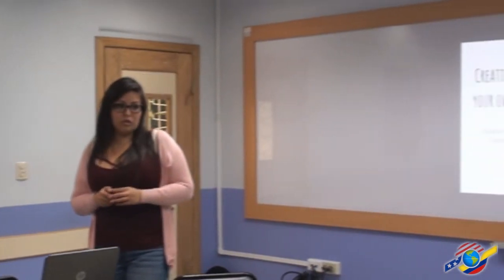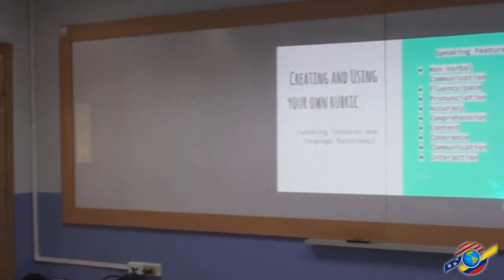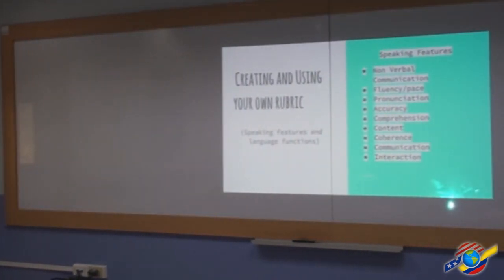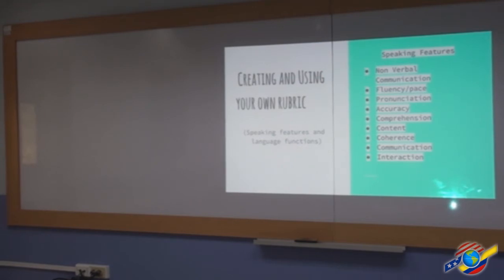Pronunciation, well, we all know what pronunciation is. Accuracy refers to all the grammar and vocabulary in use that your students might have. Comprehension refers to the oral comprehension, and how well the student makes sense of the questions.